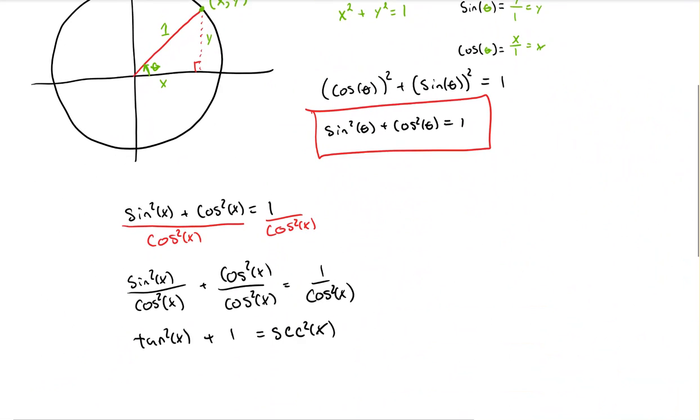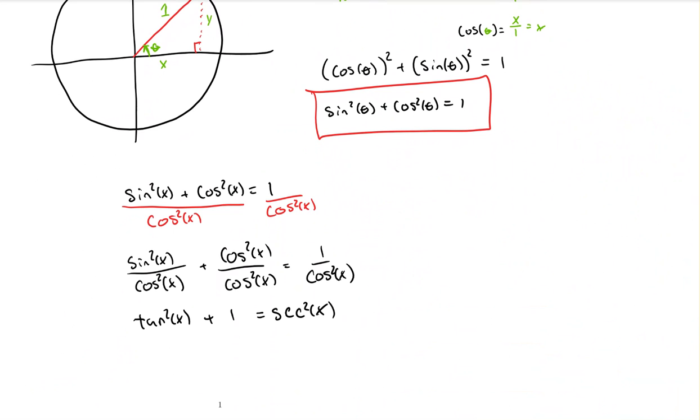So to find our next Pythagorean identity, just take the one we proved, sine squared x plus cosine squared x is equal to 1, and divide everything by cosine squared of x, and you'll get our next identity. For the last identity, we will do the same thing, but instead of dividing by cosine squared of x, we will divide by sine squared of x.